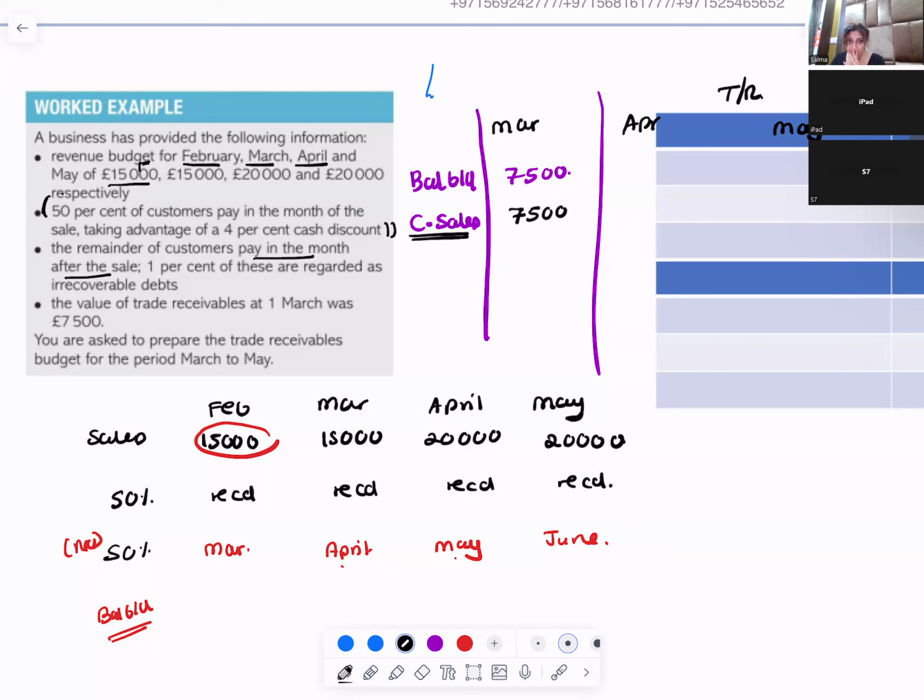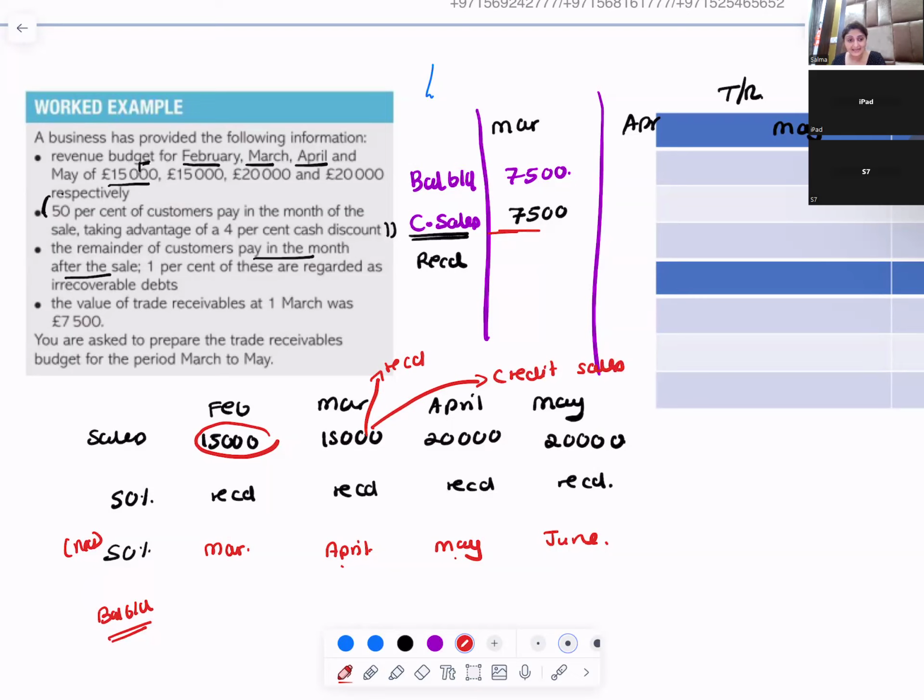Then what did you receive? You received 50% of 15,000, which is 7,500, with the 4% discount.